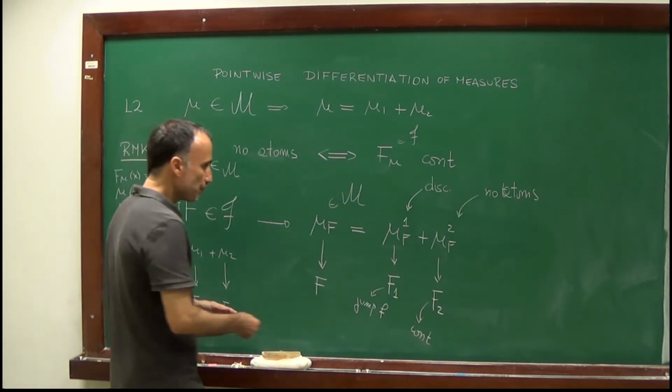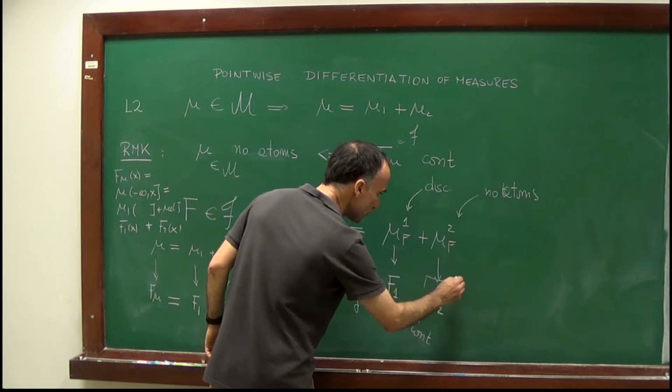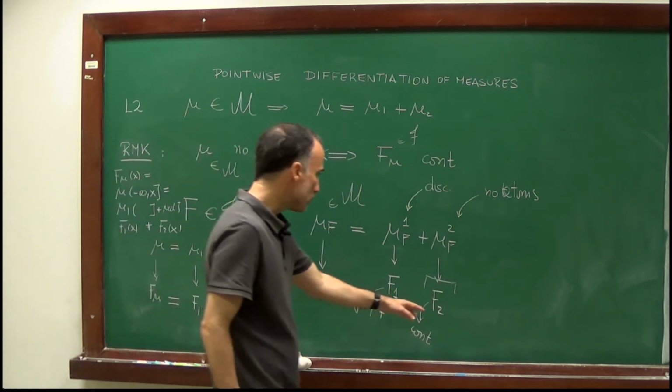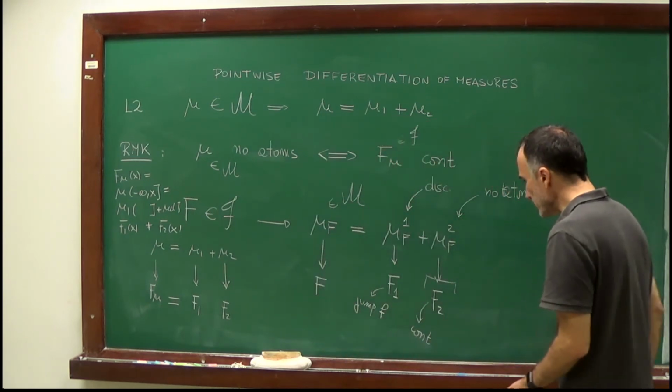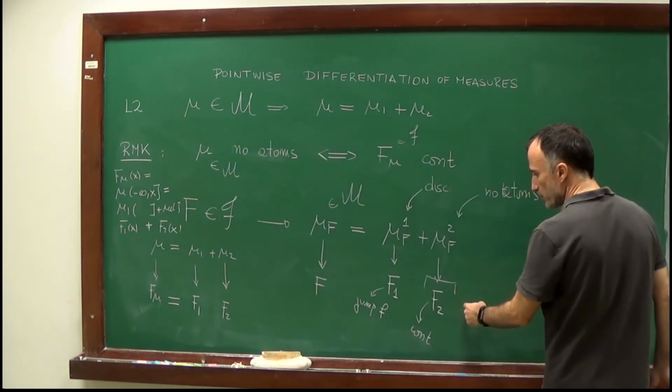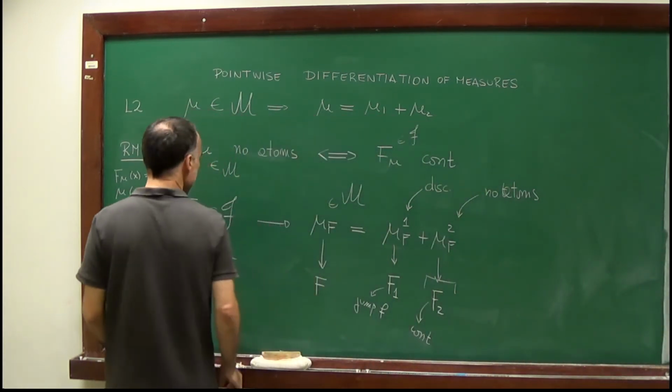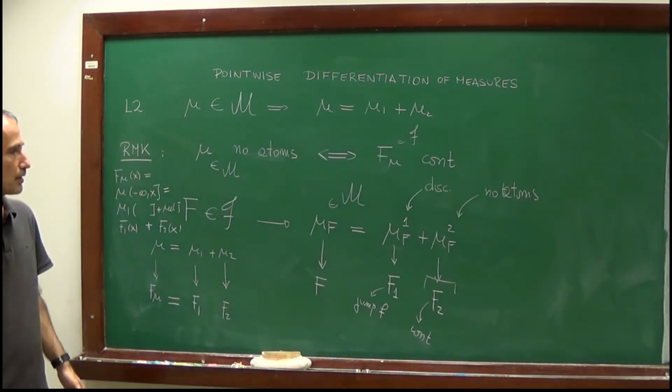So now we have a continuous function, and we want to say that this continuous function can be written as the sum of an absolutely continuous function and a singular function. So this is the next step of this lecture.